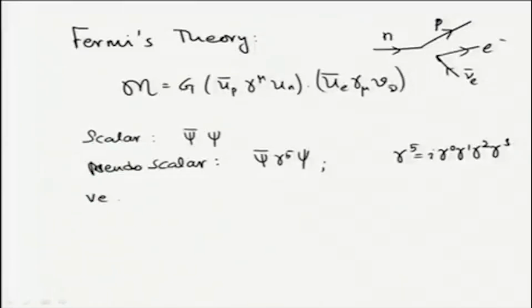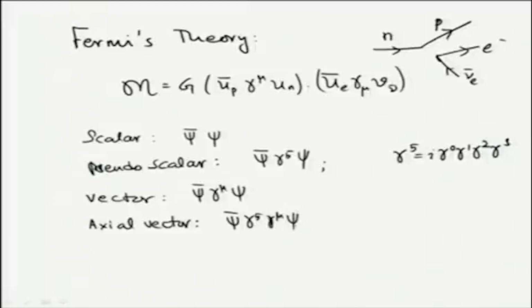Then we have the familiar vector, which is psi bar gamma mu psi, and axial vector, which is psi bar gamma 5 gamma mu psi.